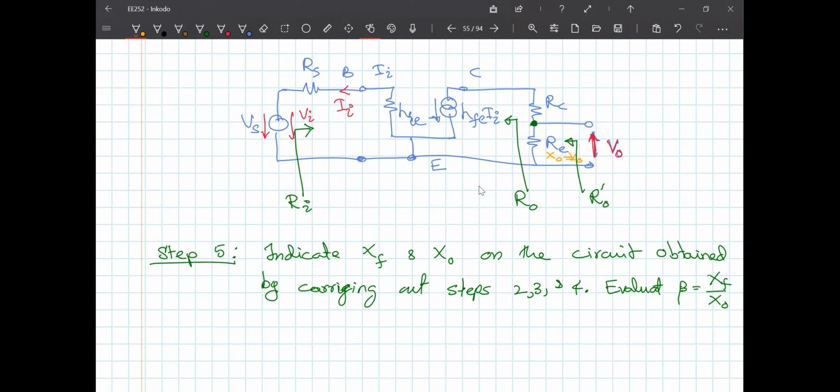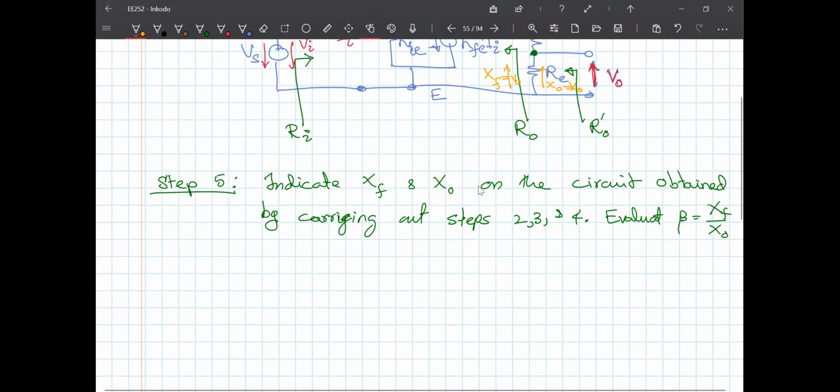No, I think this is right. Direction is this way. And also XF, again XF is also this. So XF is also equal to V out. All right, so therefore I can write X out is equal to V out.